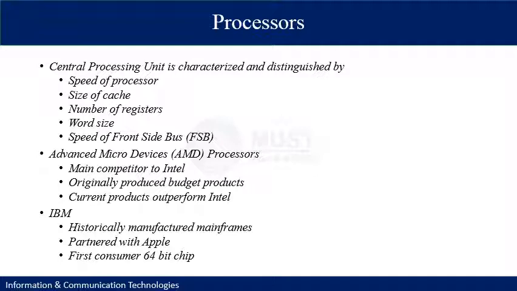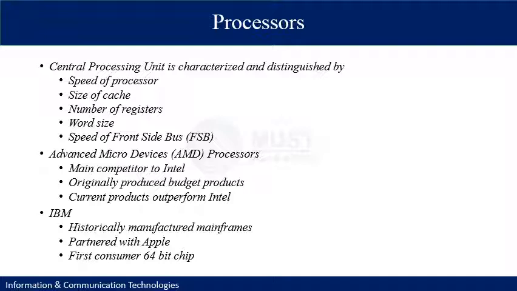So the system clock controlled processors are often called central processing units, and they are characterized and distinguished by a number of parameters such as speed or clock cycle, number and size of cache memory, number and sizes of registers, word size, and speed of the front side bus.